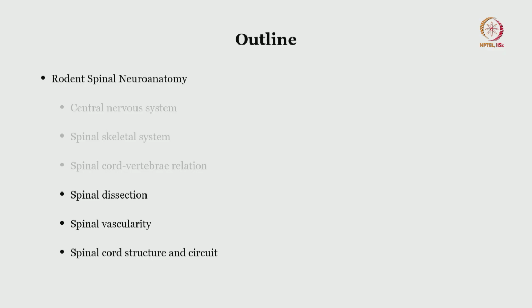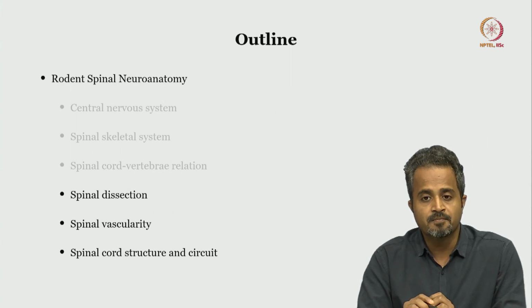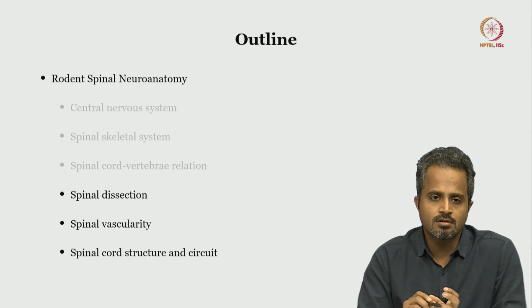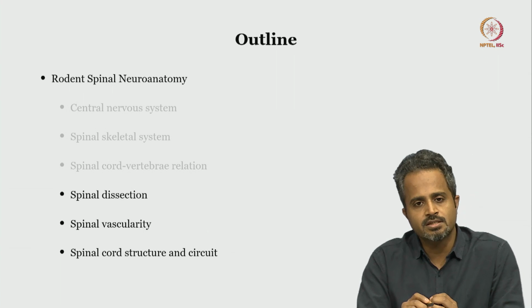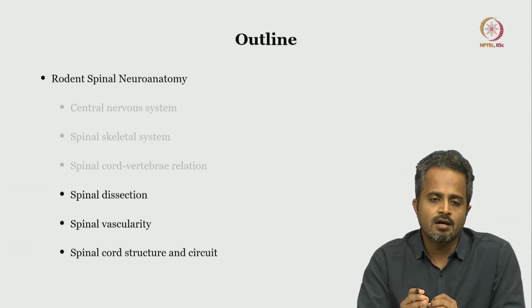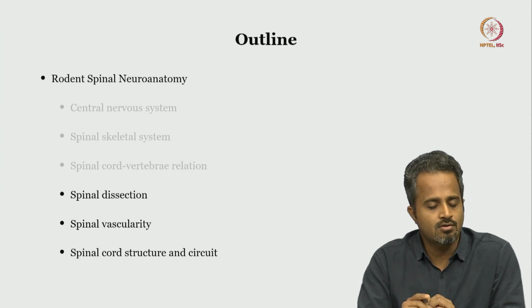So last time we covered extensively the central nervous system, the spinal skeletal system and the spinal cord vertebrae relation. Just to have a brief recap, we saw how the spinal cord forms a very important conduit to convey information starting from the brain towards the end organs like muscles, glands, heart and various other organs.